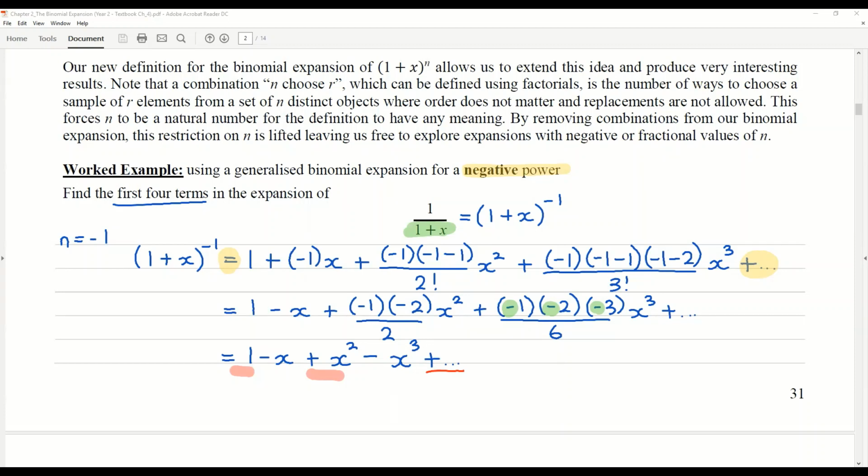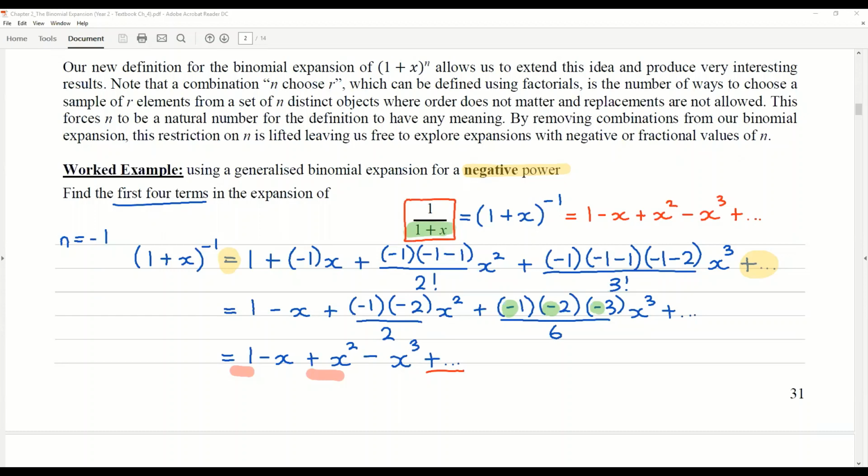So it looks like we've done our expansion. Now then, what this means, of course, if you just go back to the original question, is that all of this is equal to 1 subtract x, add x squared, subtract x cubed, plus some more values. Now, at face value, if you go back to the 1 over 1 plus x, it looks unusual.